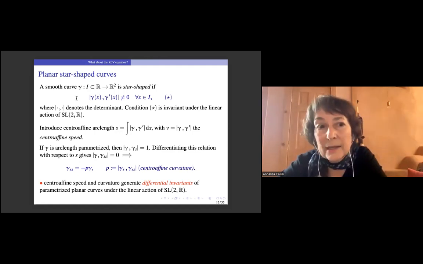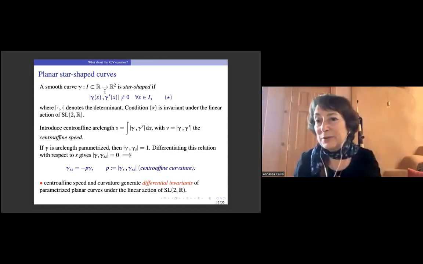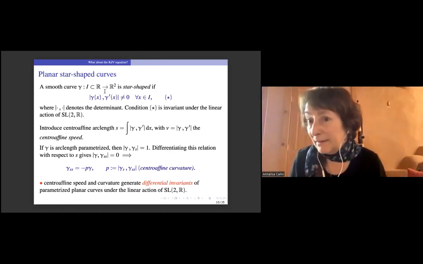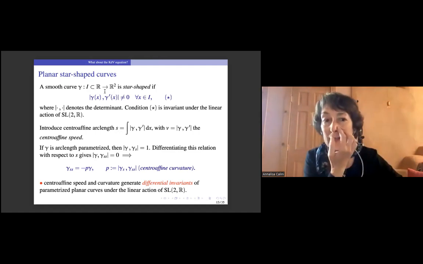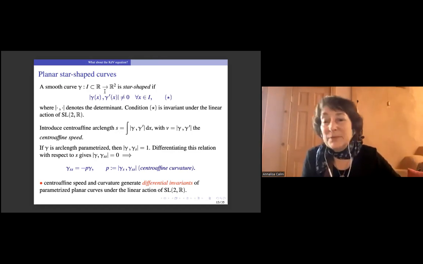So a curve is called star-shaped whenever these two vectors are never parallel. So the determinant is never equal to 0. And because I'm talking about determinants, they are invariant under the action of the special linear group. And that will be the underlying symmetry group of these curves.